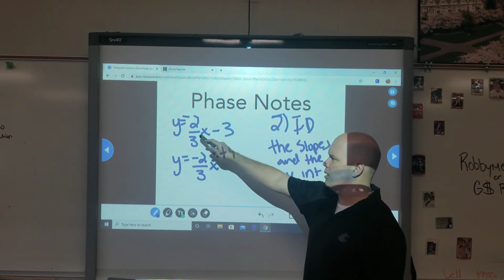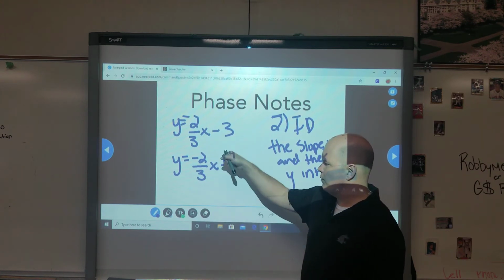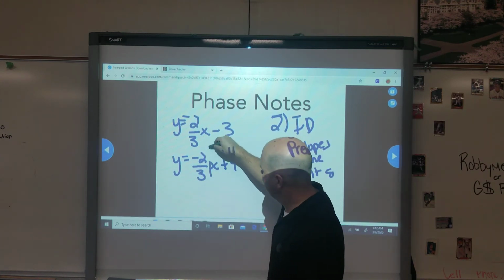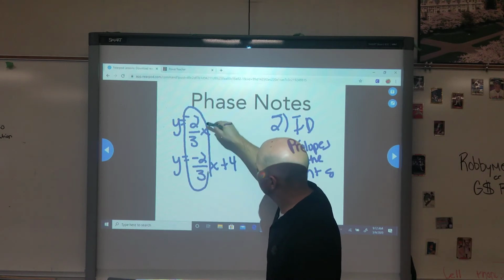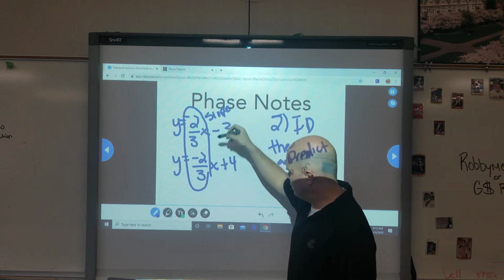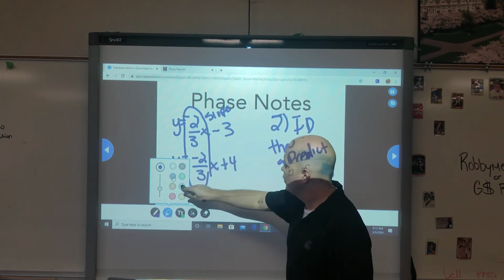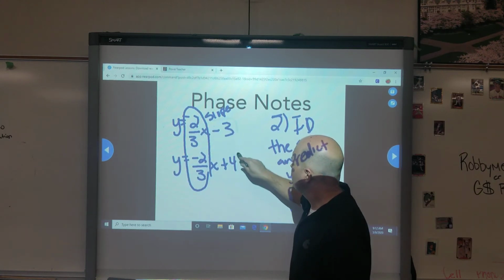In this case, my slope is going to be negative 2 over 3 for both of these. So these are going to be my slopes, and my y-intercepts are going to be these guys.